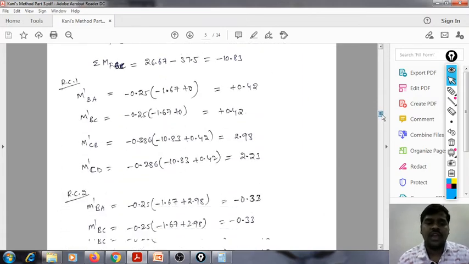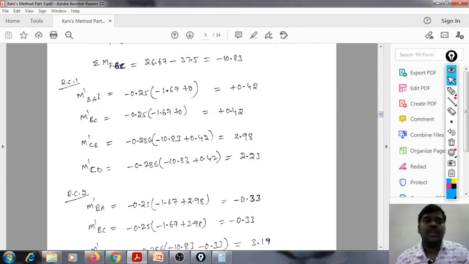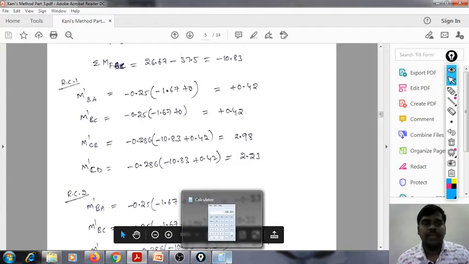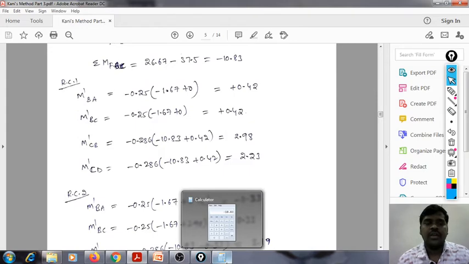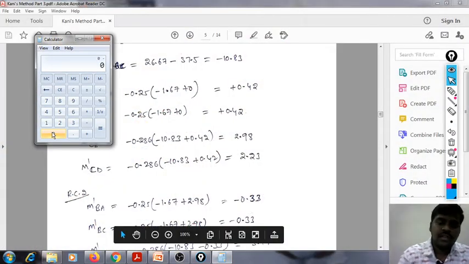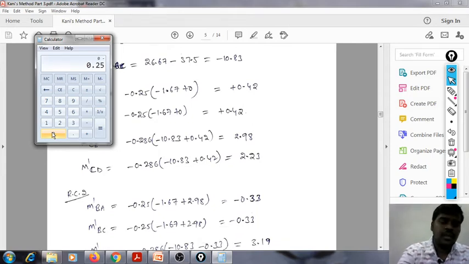So if you see the calculation here, at joint B, M bar BA will be the moment at BA due to these rotation contributions, and 0.25 is nothing but minus 0.25 into, we have to use this value minus 1.67, so that is the sum of the moment value, plus we don't have any far end contribution, so I am writing it as 0.